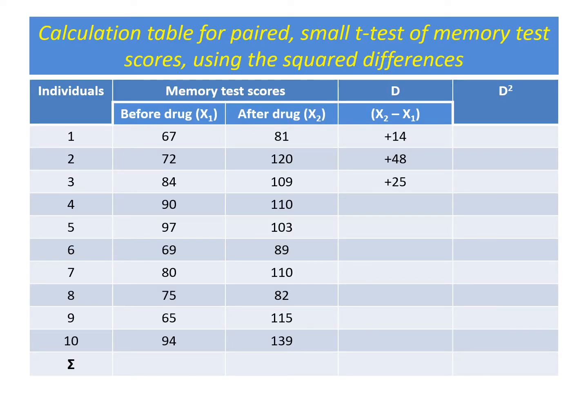Now here is the calculation table for the paired small t-test of memory test scores using the squared differences. I have told you that memory test scores is the dependent variable over here, and we are using the paired sample t-test small formula, using the squared differences.